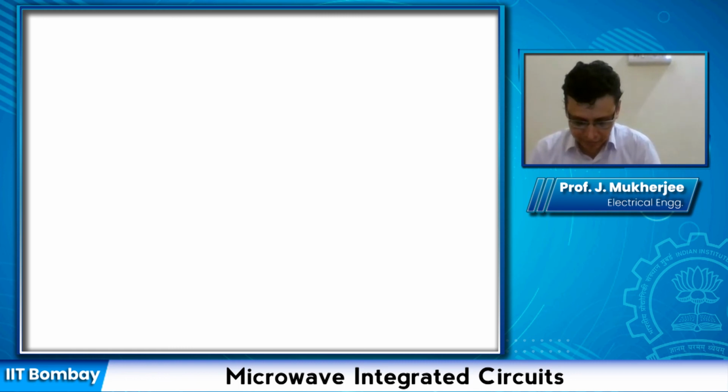In this lecture I will be covering one more important aspect of amplifier design, and that is noise. How to take into account the noise figure of a circuit of an amplifier. What is known as the noise figure, and say if you have to design an amplifier with a given noise figure, how do you do that?